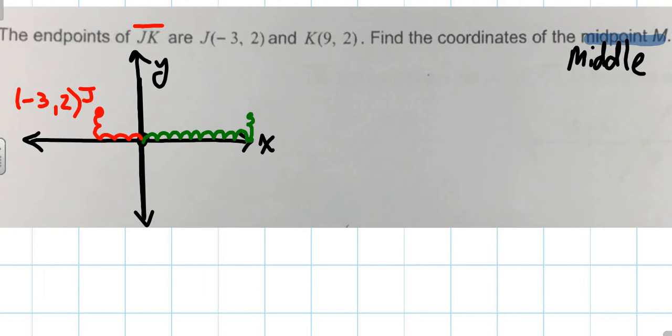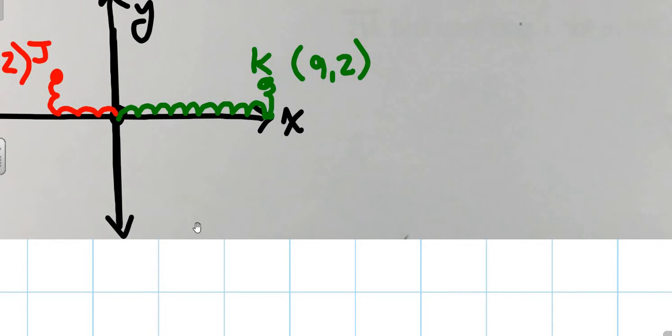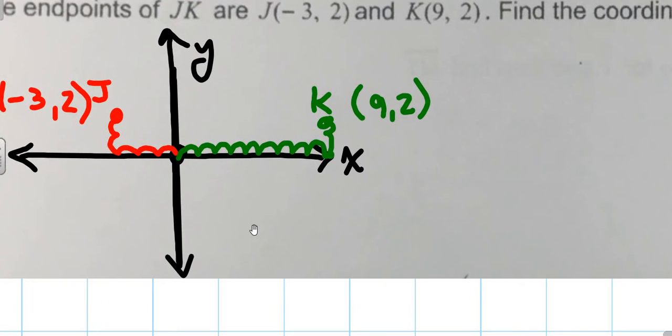And then up 2 again. And that's K. Okay, we're looking for the midpoint between these 2 points. So first we're going to connect them to make a segment. So there's our segment. We're looking for the middle.